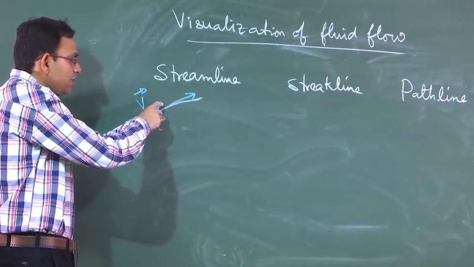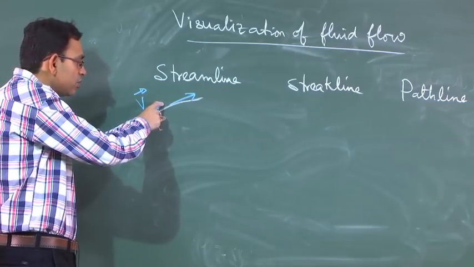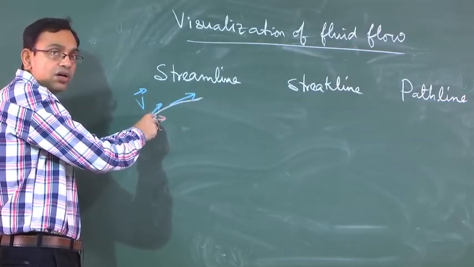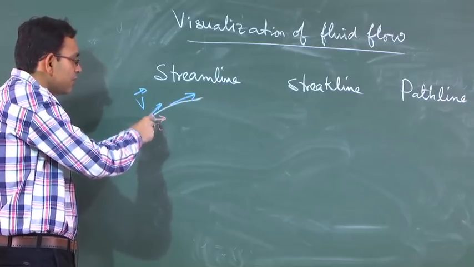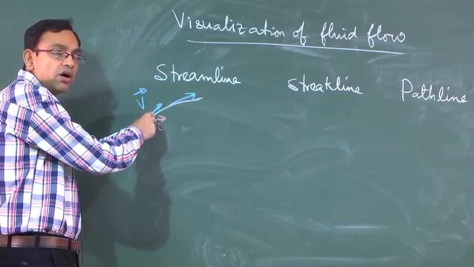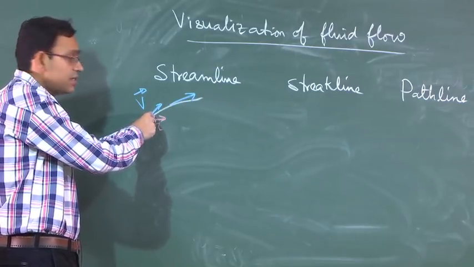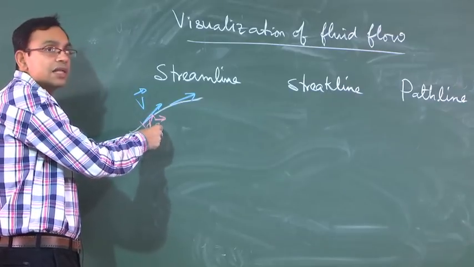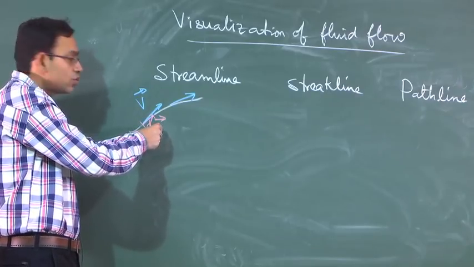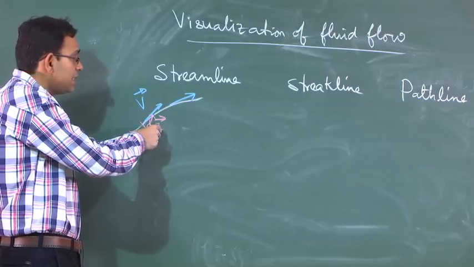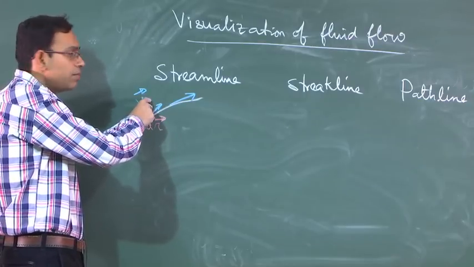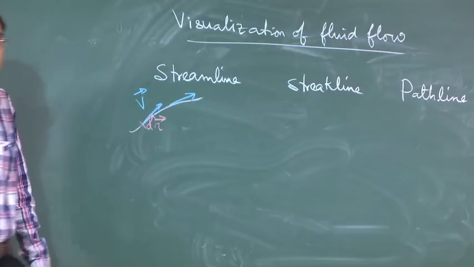On the other hand, V is tangential to the streamline, so this is basically a chord, but in the limiting sense, when the 2 connecting points of the chord are sufficiently close, this chord becomes like a tangent. So, this is effectively a tangent and this is also by definition tangent to the streamline.